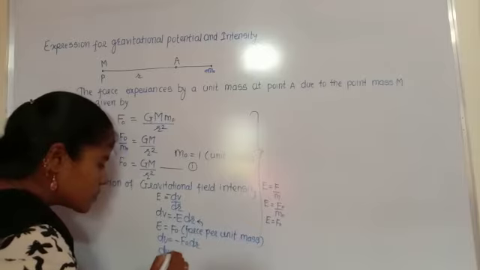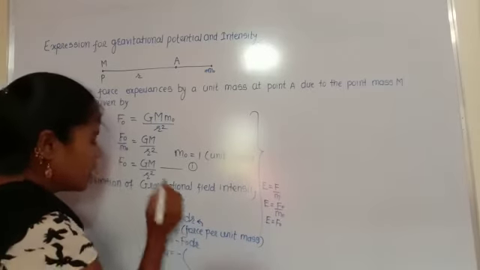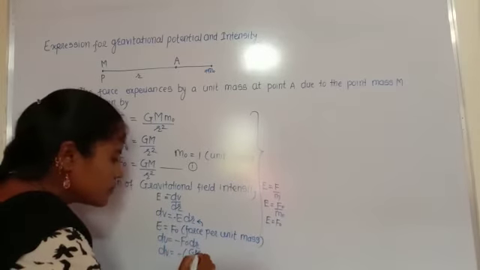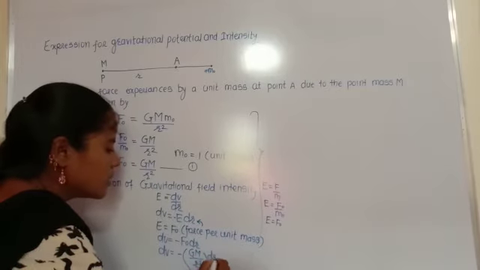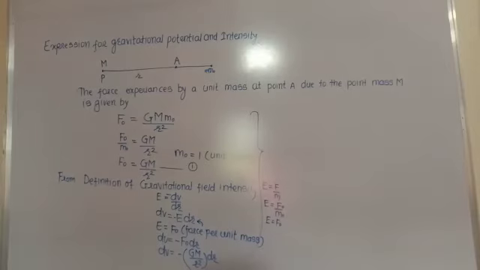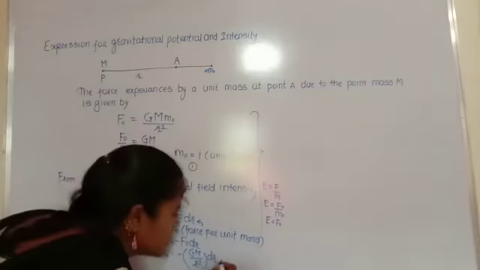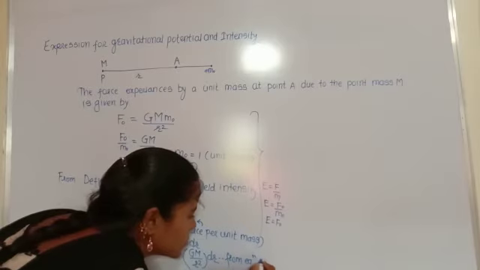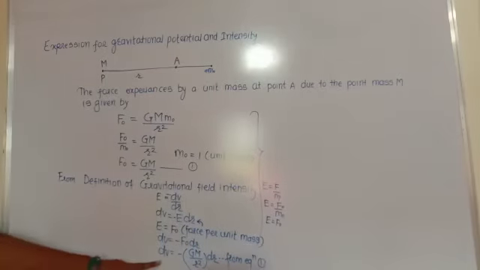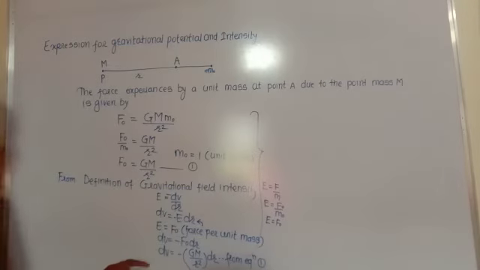Therefore dV is equal to minus G M divided by r square into dr, from equation 1. So this is dV, the small potential. This is the value for the small potential dV.